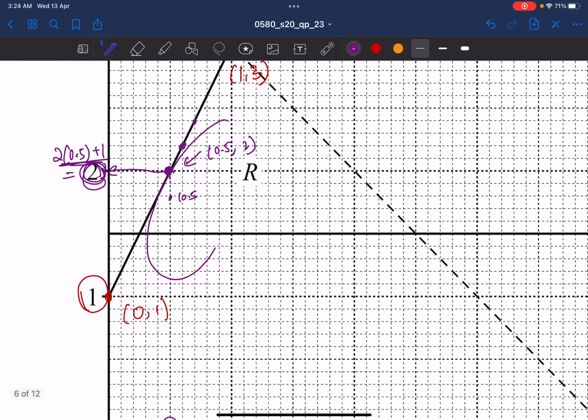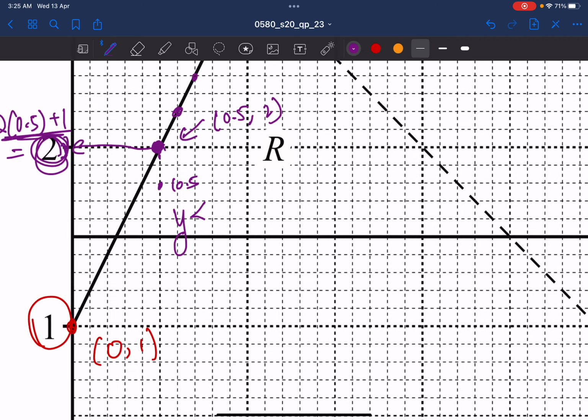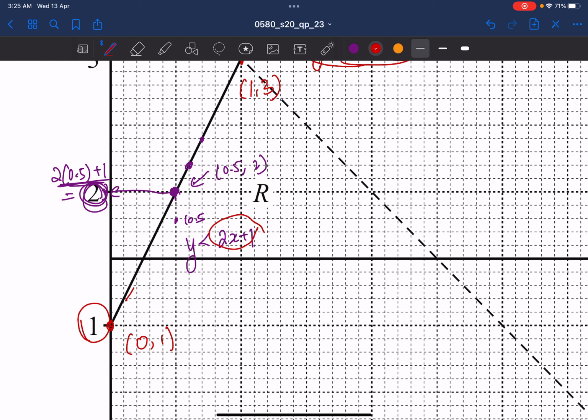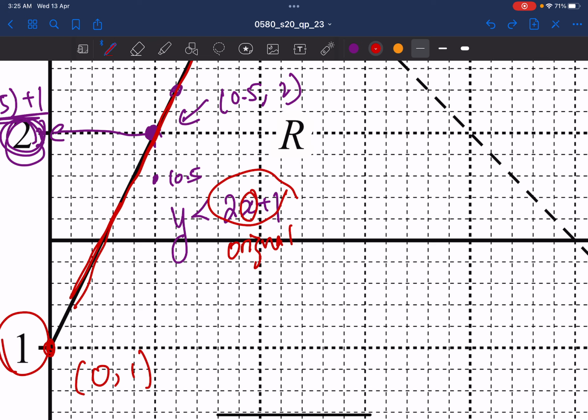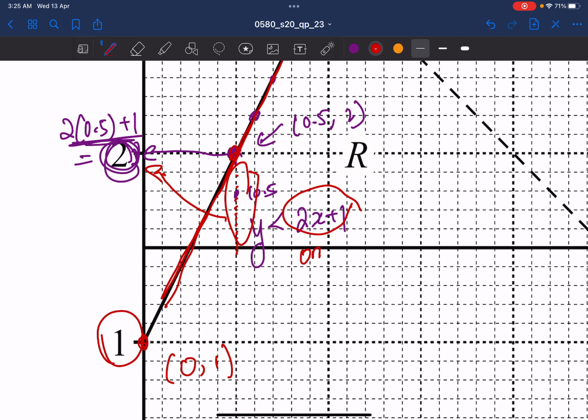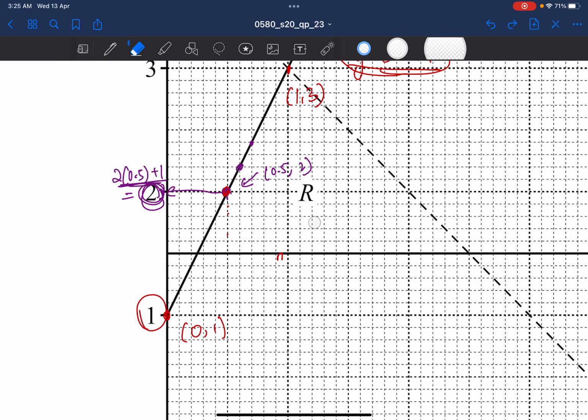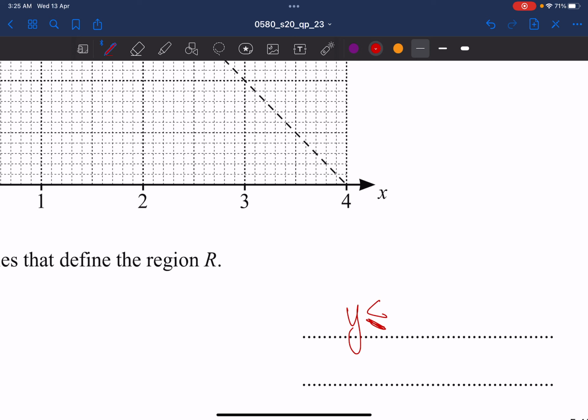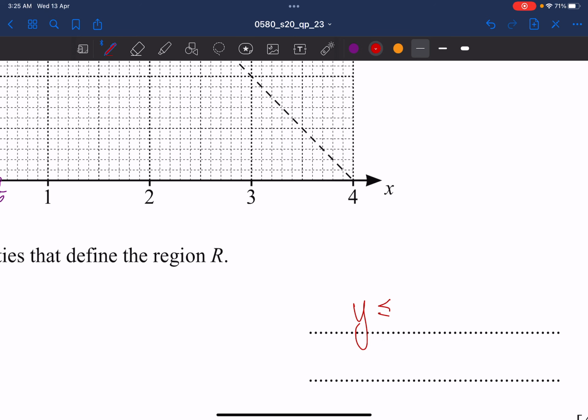So for this region, it is y less than 2x plus 1, because 2x plus 1 is the original y of this line. If we fix x, any point below this point should have a y less than 2, which is the original y. But since this is a solid line, we need to write y less than or equal to 2x plus 1.